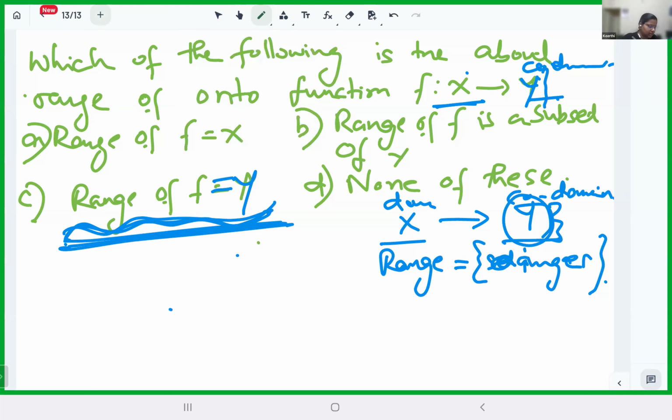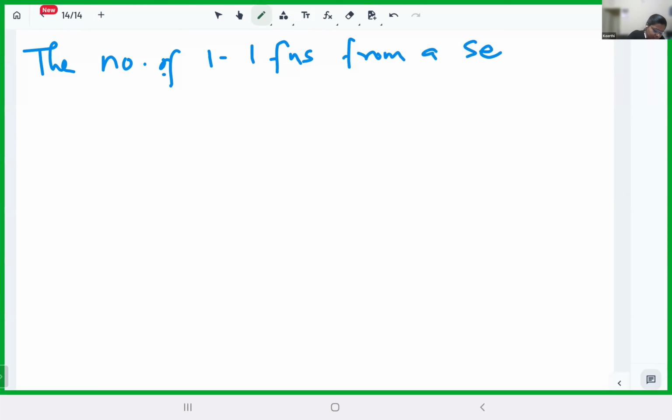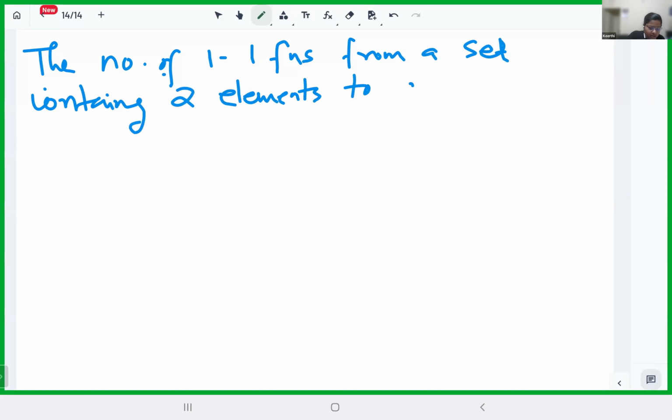Now we are moving on to the next question, that is the number of 1-1 functions from a set containing two elements to a set containing 3 elements.